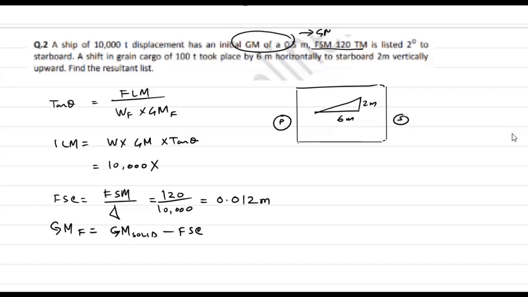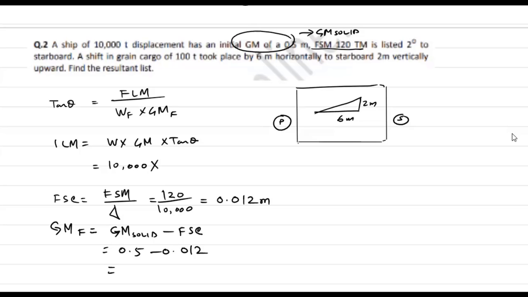Actually, this is GM solid. That's why he has given the free surface. So 0.5 minus 0.012. He's testing your concept, nothing else. Tell me, 0.5 minus 0.012.